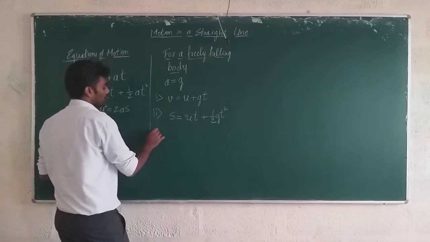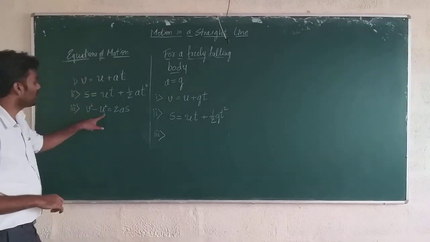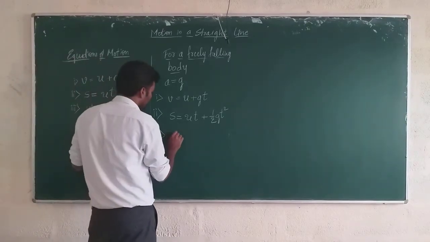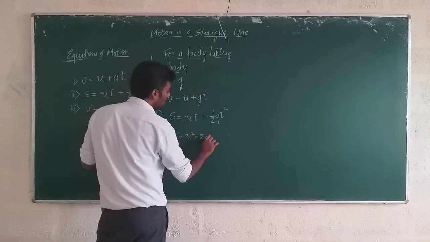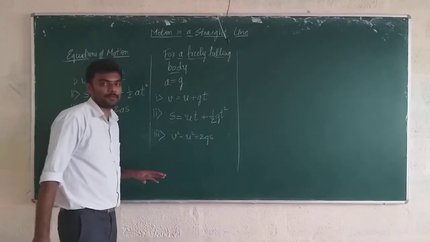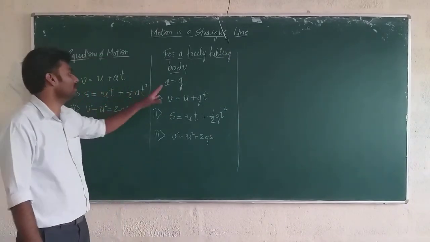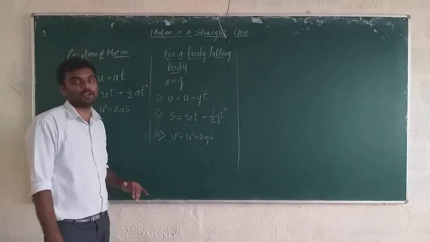Third, we have v squared minus u squared is equal to 2as, so it becomes v squared minus u squared is equal to 2gs. That's it. Very easy. You just replace a by g. That will become the equations of motion for a freely falling body.